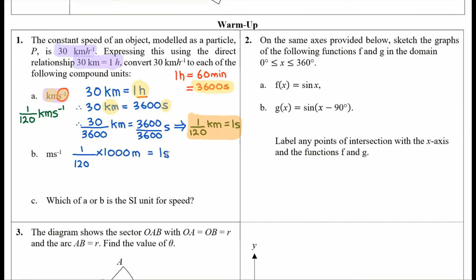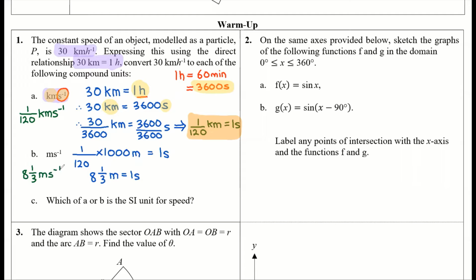Okay, so we have 1,000 divided by 120. Now, if you do that, you're going to get 8 1/3 meters. Again, you can write it differently if you like. Is equal to 1 second. So the answer for this part is 8 1/3 meters per second.